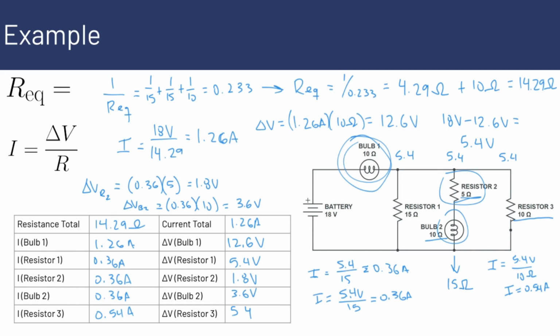Now if we add these two together, 1.8 volts plus 3.6 volts, it equals 5.4 volts, which is the voltage across the entire branch. So we've got all of our values in our table. We figured out all of the important numbers that we can with this particular circuit. We've done a great job, and we now know how to calculate all of the information for a combination circuit.